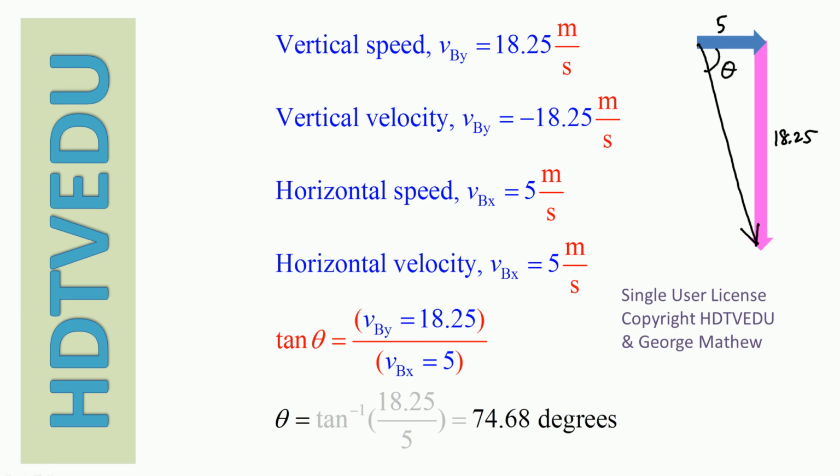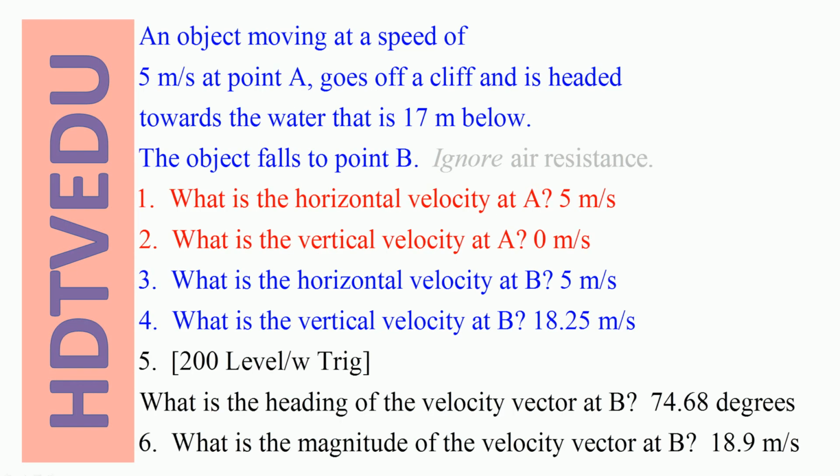And you know that tan theta is opposite side to theta divided by adjacent side to theta. What is the opposite side to theta? It is 18.25. What is the adjacent side to theta? Adjacent side to theta is 5. When you do that, you get 74.68 degrees. So what is 74.68 degrees? It is the angle with respect to positive x.